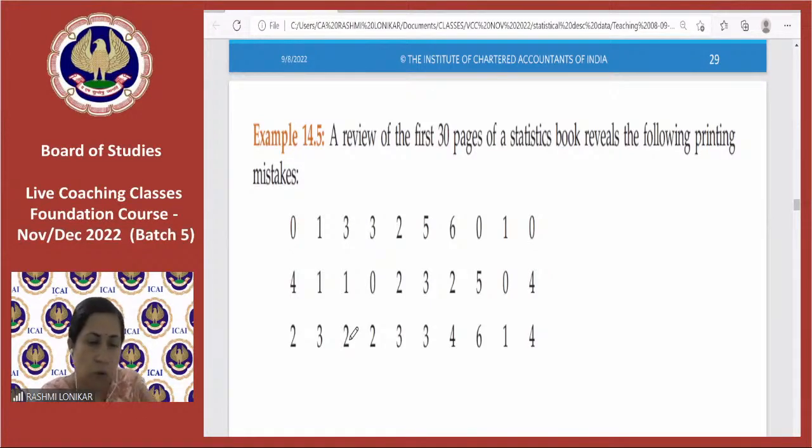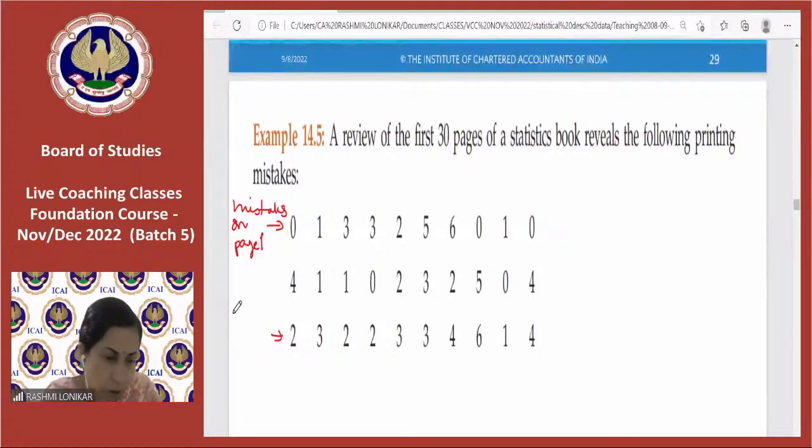So what this means is, suppose this is mistakes on page 1. And these are the number of mistakes on page 3.